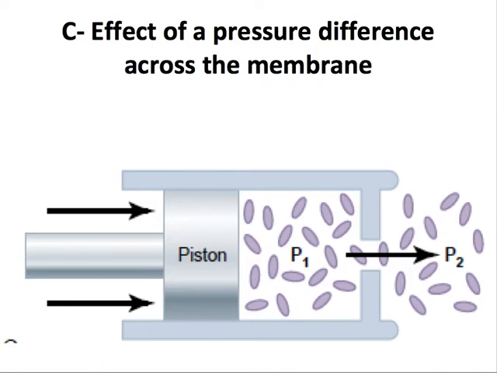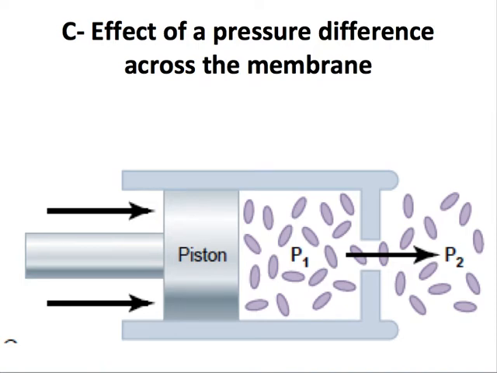Now, the third effect which controls the net rate of diffusion is the effect of the pressure difference across the cell membrane. An example of this effect is the pressure development at the capillary membrane.